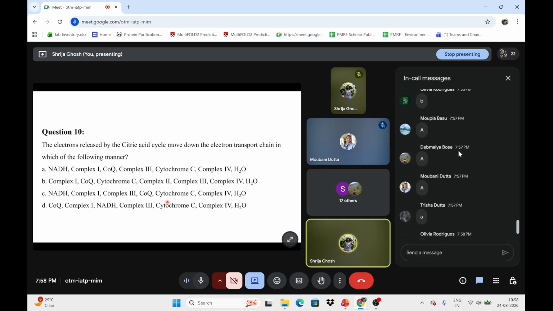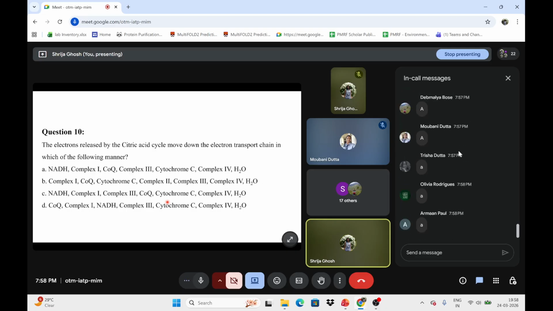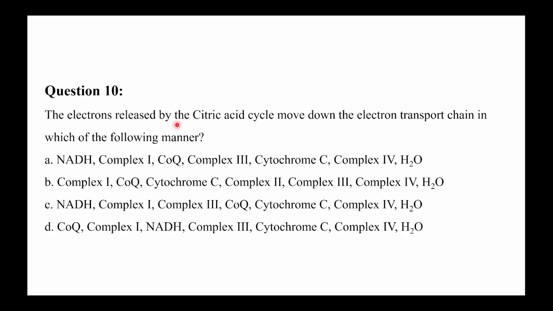I can see many of you have answered option A. Anyone else wants to answer? Okay. Option A, that is NADH, then complex 1, then coenzyme Q, complex 3, cytochrome C, complex 4, and H2O. That is the correct answer.